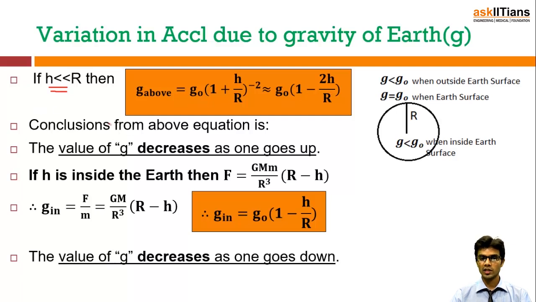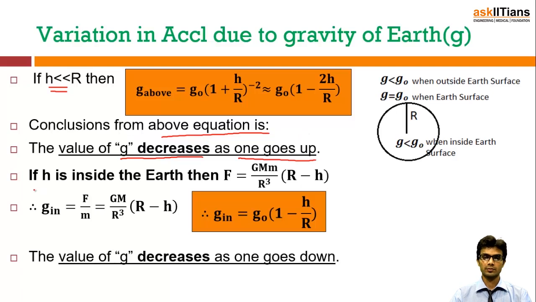The conclusion from the above equation is the value of g decreases as one goes up. The meaning is when you go up from the surface, the acceleration due to gravity of earth will decrease.